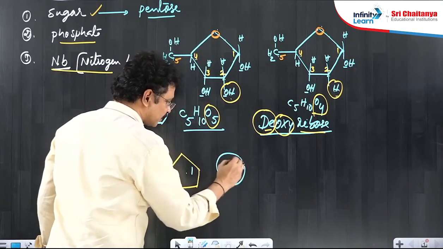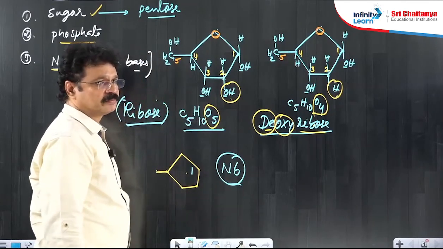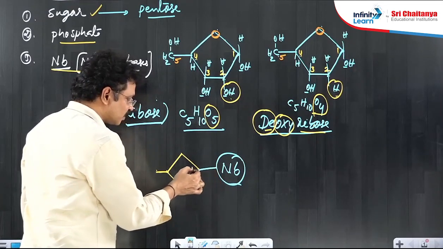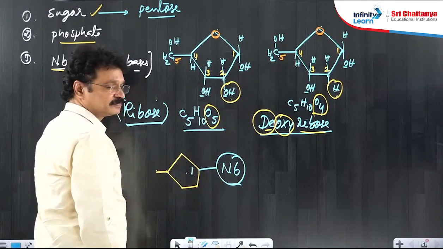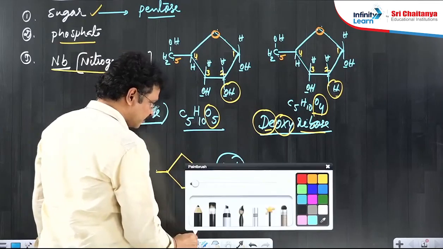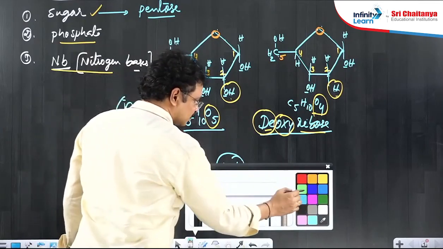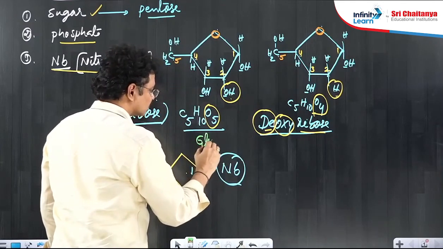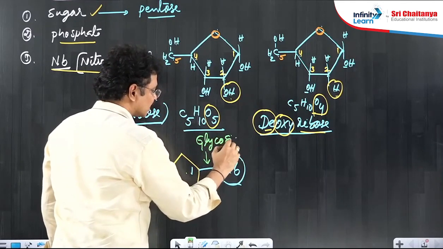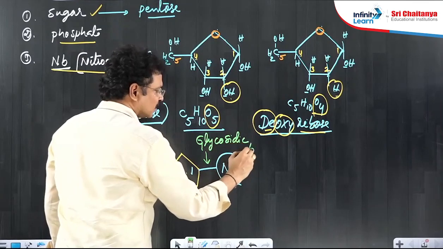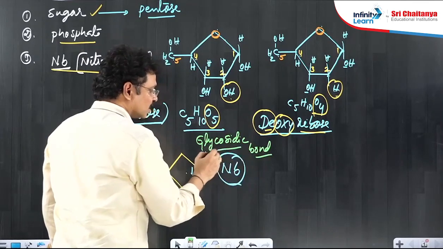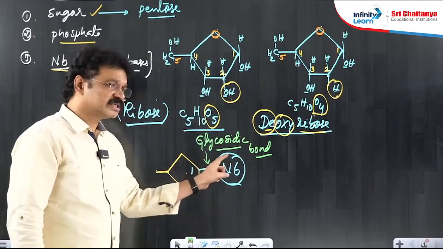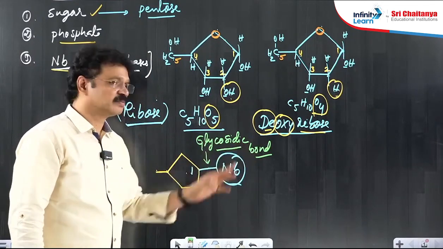NB. What is the full form of NB? Nitrogen base. The nitrogen base is always linked to the first carbon of sugar only. The bond present between sugar and nitrogen base is the glycosidic bond. You already learned about this kind of bond in polysaccharides. In polysaccharides, two adjacent sugar molecules are linked by glycosidic bonds.